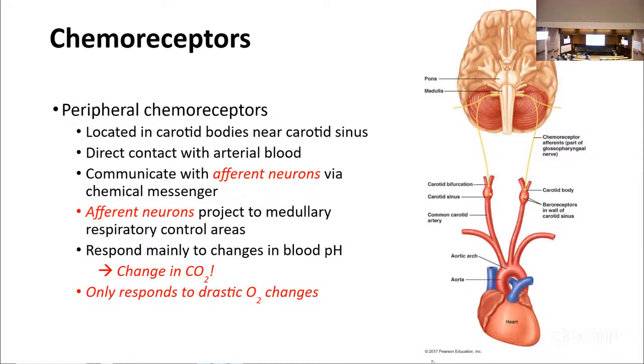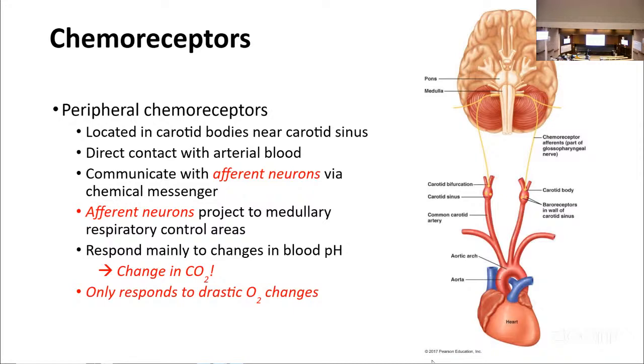Okay. So when we think about what they're sensing, they're mainly going to be reacting to changes in carbon dioxide, which might be a little surprising. I try to keep repeating it because it was surprising to me when I learned it, that for your body, rising levels of carbon dioxide buildup is more of an immediate problem than lowering levels of oxygen.